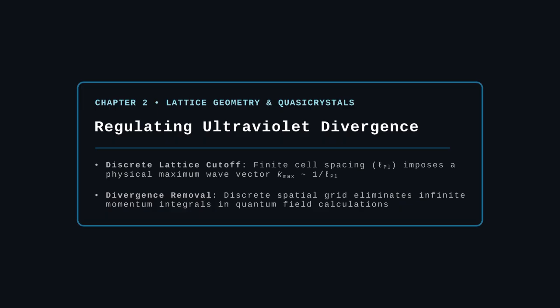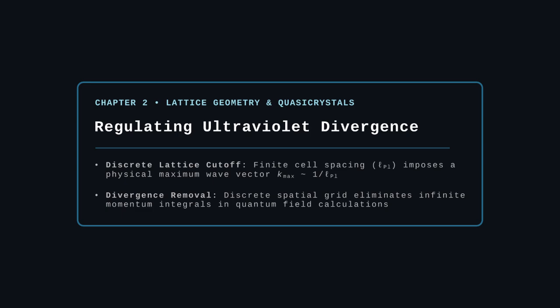To regulate the ultraviolet divergence of quantum field calculations without introducing arbitrary renormalizations, the spatial graph is characterized by a fundamental, invariant lattice spacing, the Planck length, L Planck, and a primary background carrier frequency, f0.